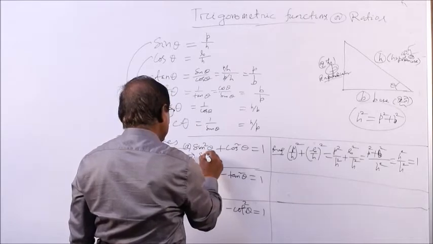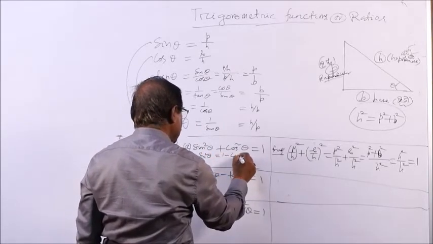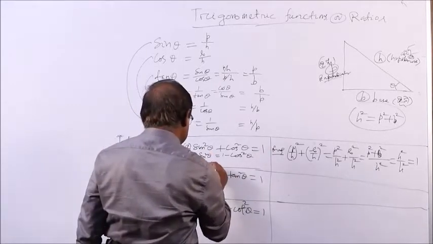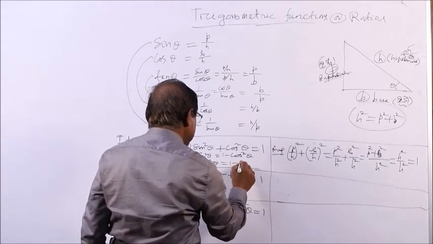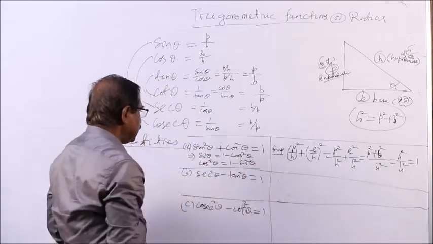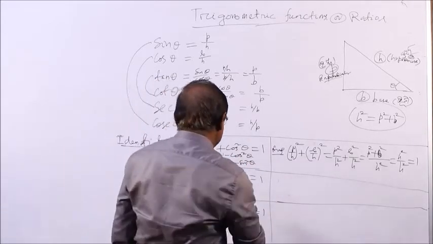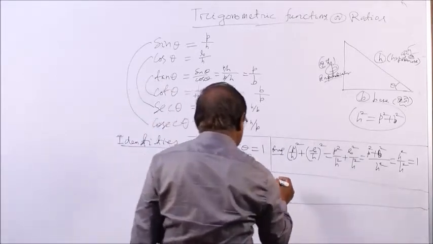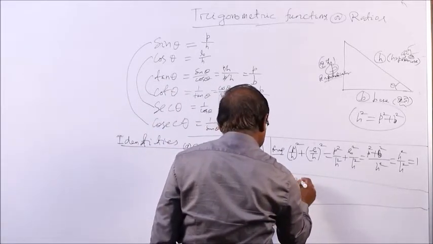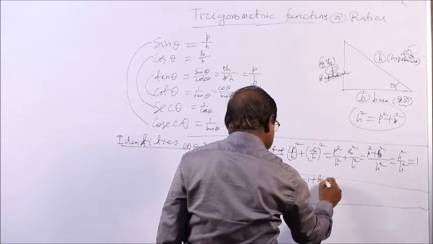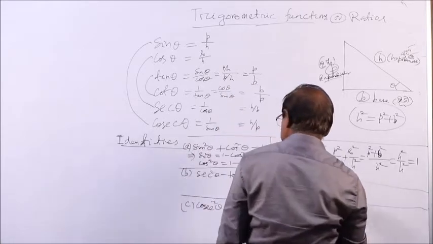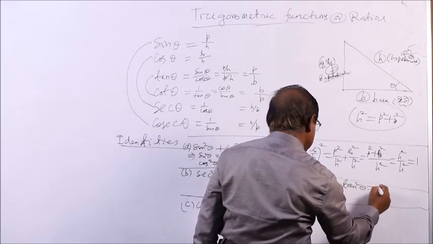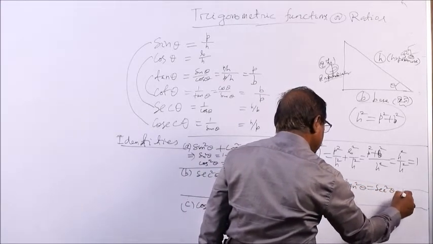From this we get sin square theta is 1 minus cos square theta, because we require this for solving problems, and cos square theta is 1 minus sin square theta. Similarly, you can prove sec square theta minus tan square theta by the same process. We can use these formulas: sec square theta is equal to 1 plus tan square theta, and tan square theta is sec square theta minus 1.